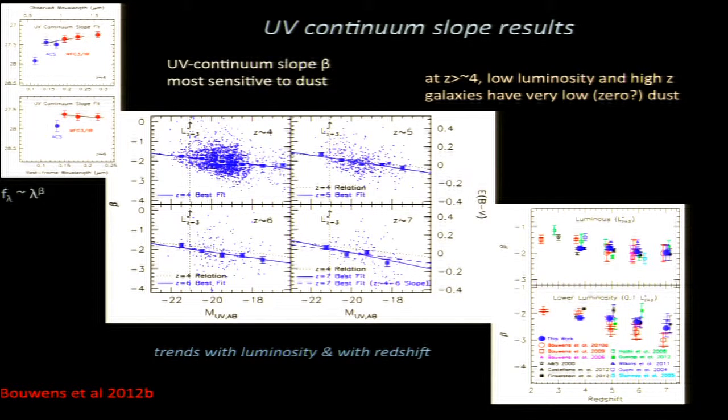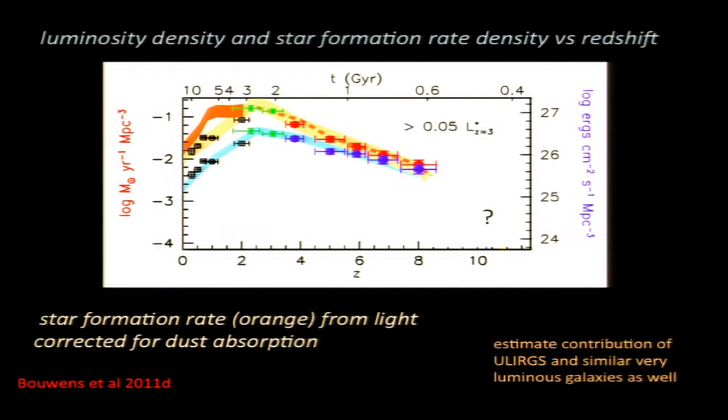Current thinking is that this is most sensitive to dust and is probably indicative of changing dust levels, down to the point where the extinction is essentially 0 for lower luminosity galaxies and for essentially all high redshift galaxies except the brightest ones. And so very low dust content is the most plausible and likely explanation for this.